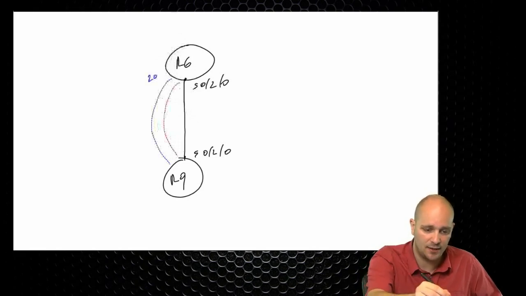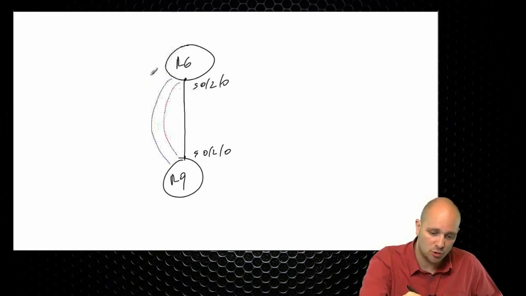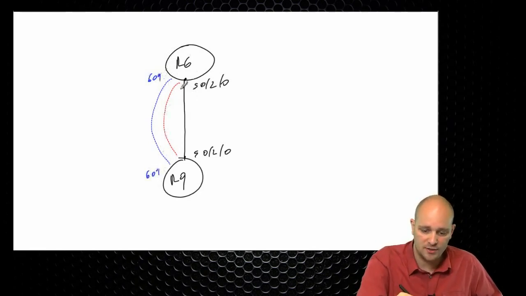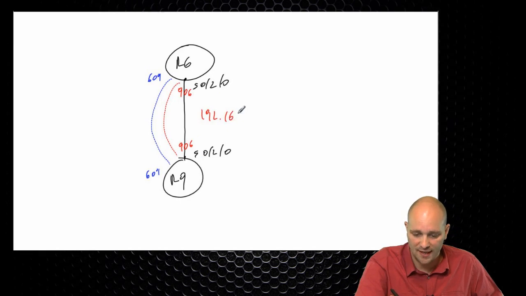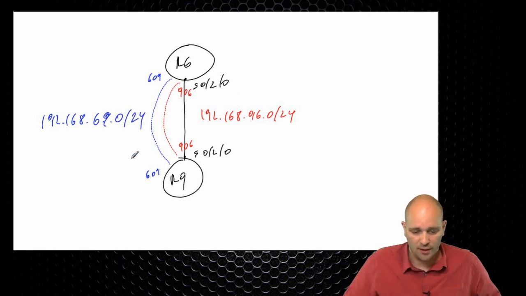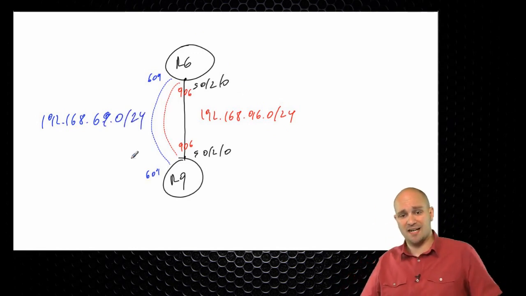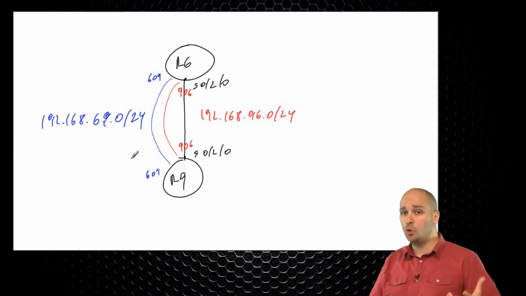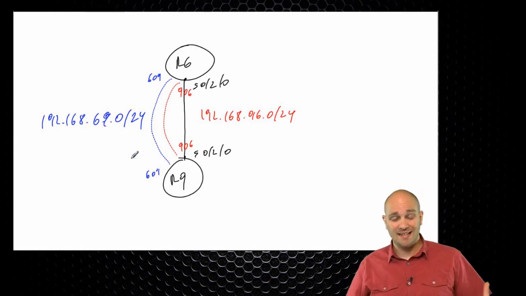So let's say that this is going to be 609 on this side and 609 on this side, and that the red one is going to be 906 and 906, and that I want to run, let's say, 192.168.96.0/24 here, and 192.168.69.0/24 here. Again, 6, 9 on the two other sides. So I have one interface and I want to have two logical connections between these two devices.